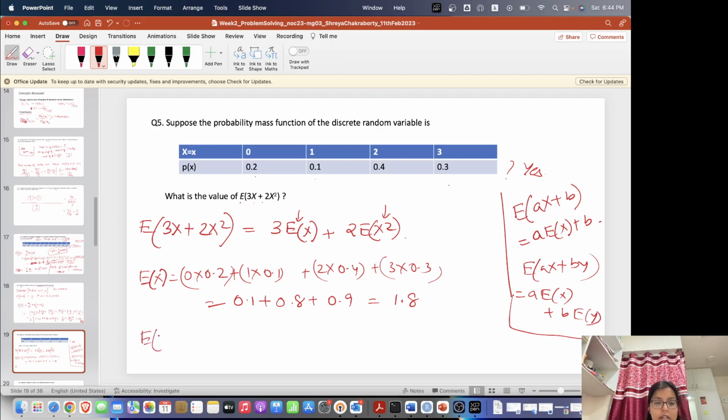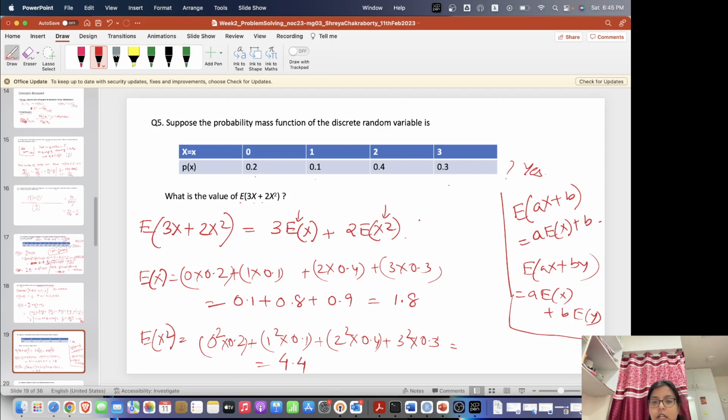And expectation of x square is 0 square into 0.2 plus 1 square into 0.1 plus 2 square into 0.4 plus 3 square into 0.3. So this comes out as, this I'm getting as 4.4.